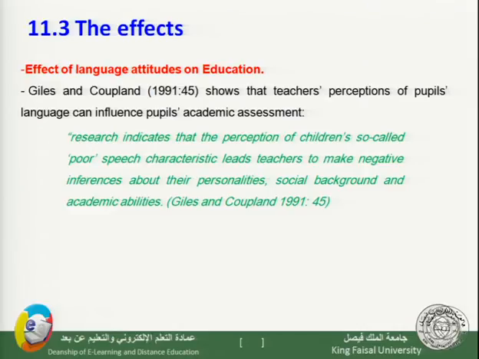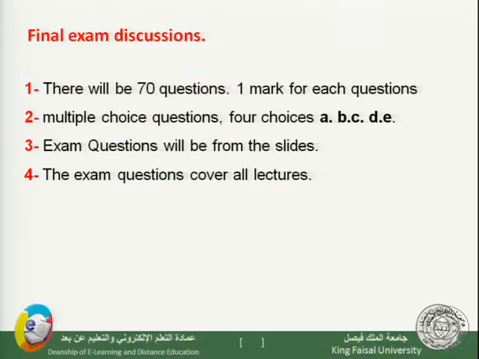Depending on the accent the pupils speak, the teacher will respond accordingly. So according to Copeland, research shows that even teachers have their own perception of children's speech, and the children will be judged according to the accent they use.